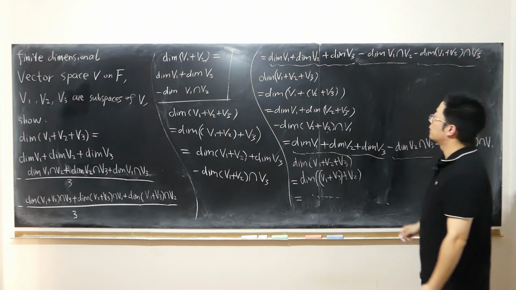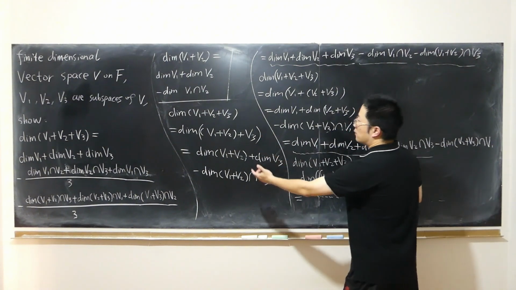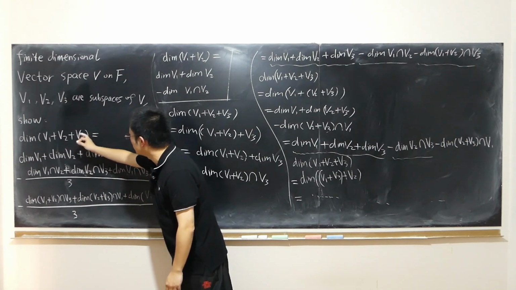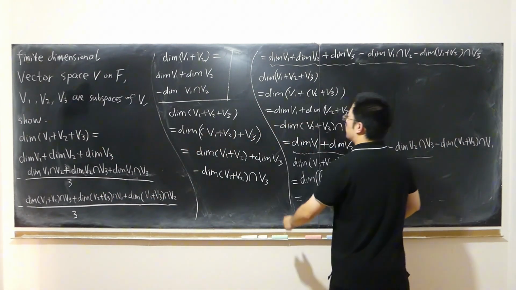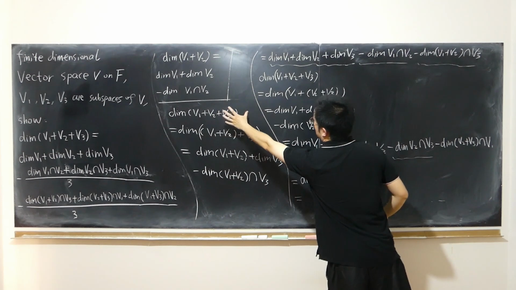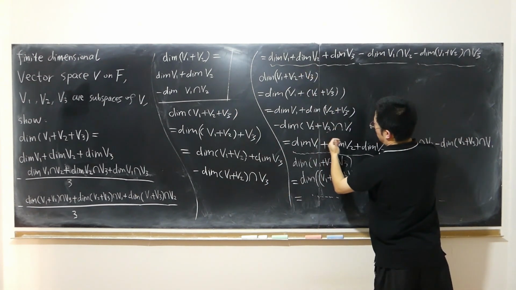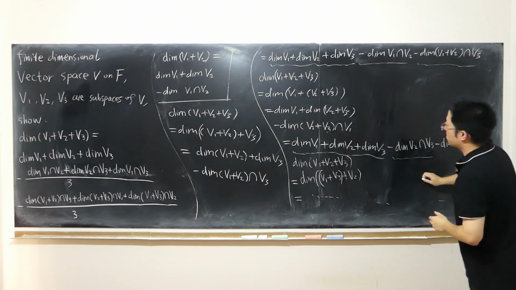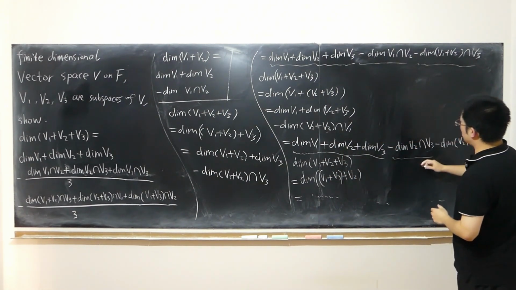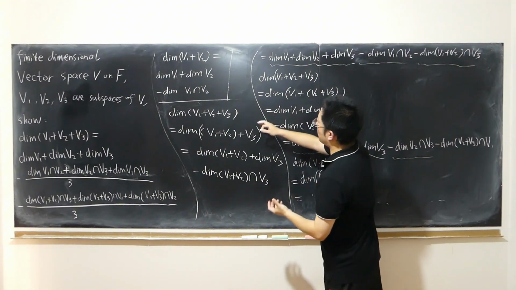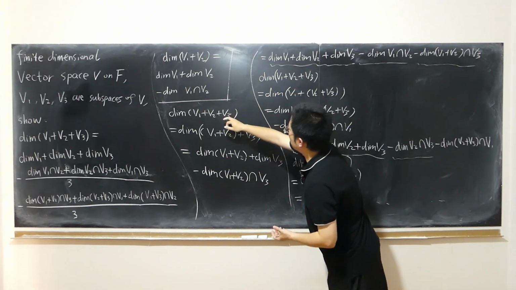All of a sudden you have, like I said, this hypothetically multiplied by 3 on both sides. So add them up, 3 times this one. And of course, these are different. But once you divide by 3, they become one of them.